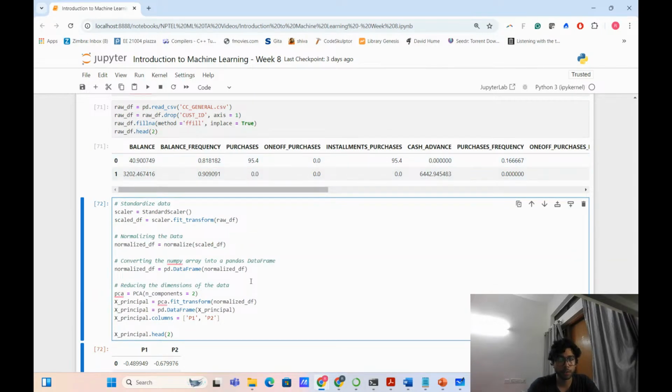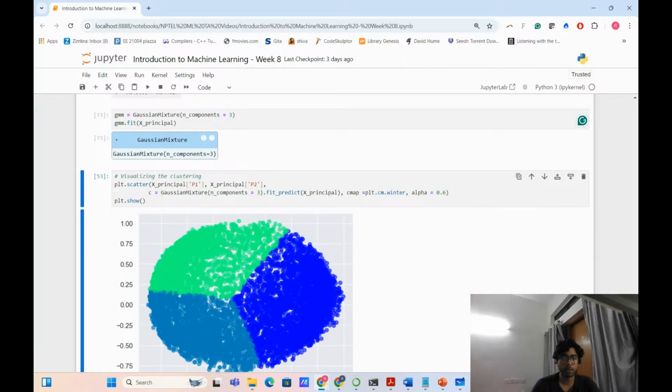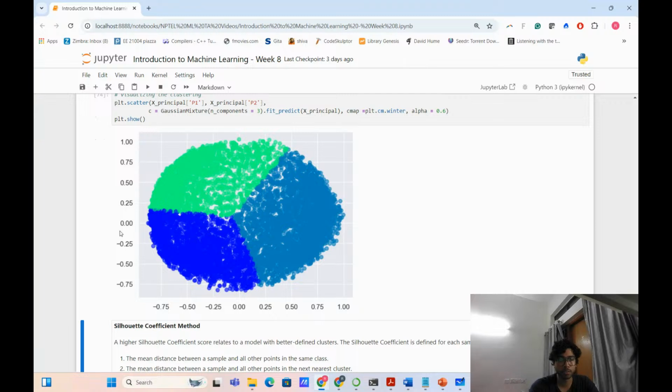And how did I do it? By using PCA, which we have discussed in previous lectures. Using principal component analysis, we can reduce the dimension of the data. Here I've reduced it to 2 dimensions so as to make it easier to visualize. So I made 3 clusters using Gaussian mixture model. So these are the 3 clusters that are being made over here, right?